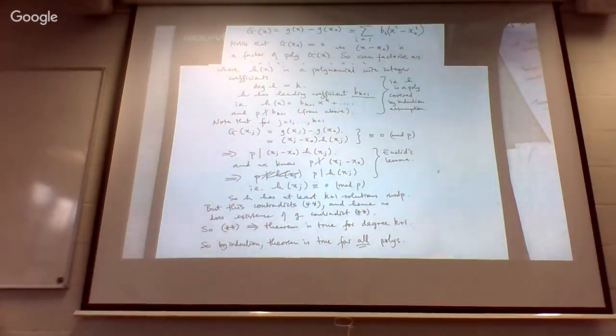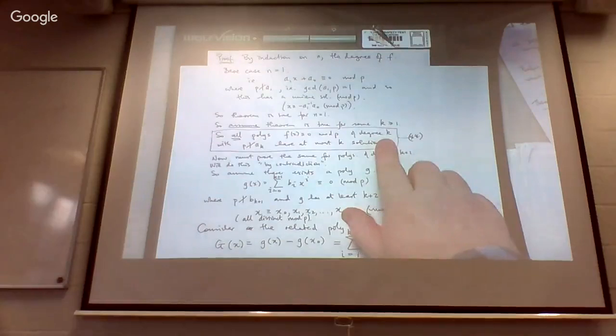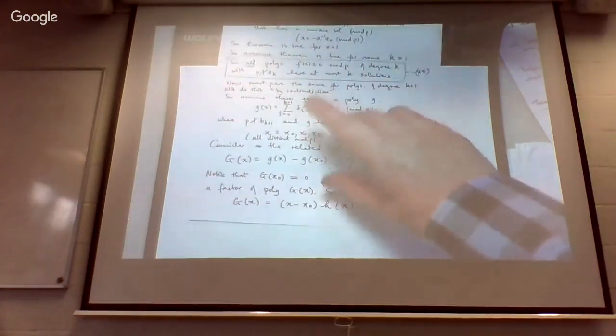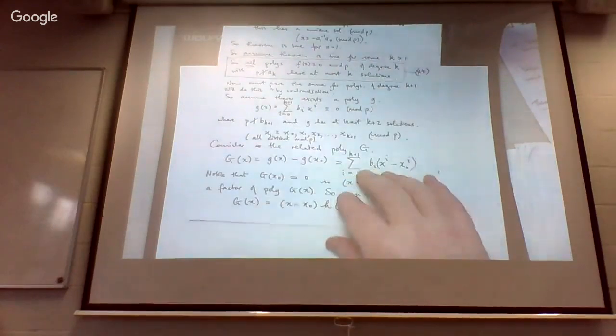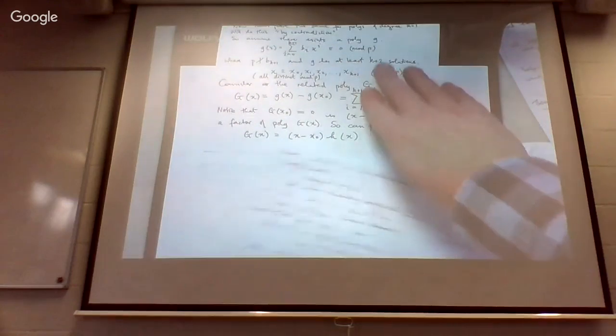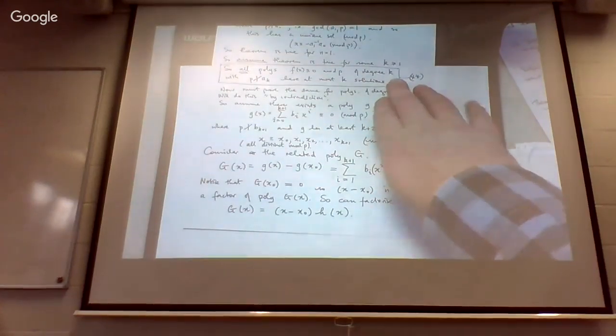That was covered last week, chapter 6. We then assume it's true for all polynomials of a certain intermediate degree k, and then by a careful argument, by proof by contradiction, we show that it's also true for all polynomials of degree k plus 1.